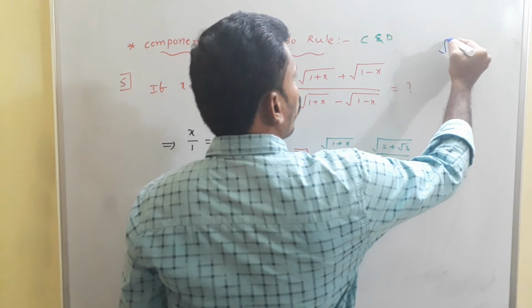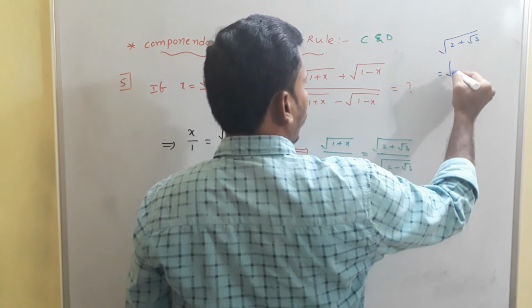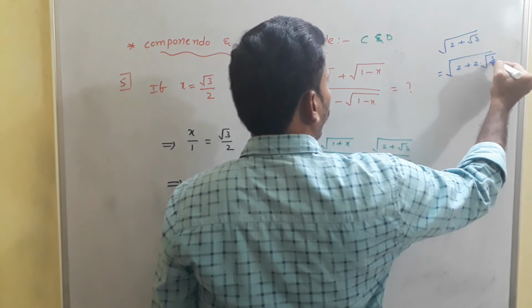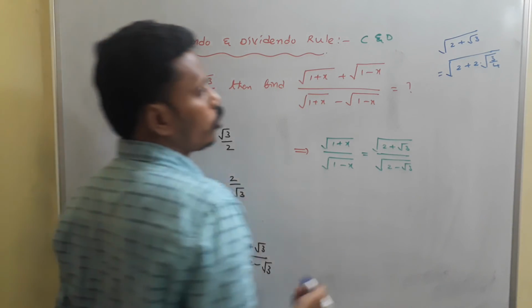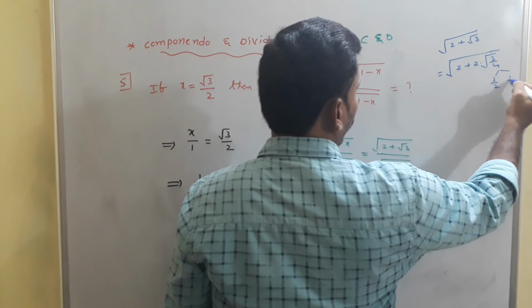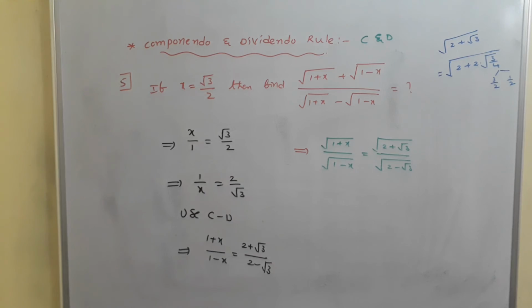See, root of 2 plus root 3, you learnt it from surds, square root of surds. This can be written as root of 2 plus 2 into root of 3 by 4. Is there anything wrong? I multiplied with 2 and divided with 2, and sent it inside. And this 3 by 4 can be written as 3 by 2 into 1 by 2, whose product is 3 by 4 and whose summation is 2.